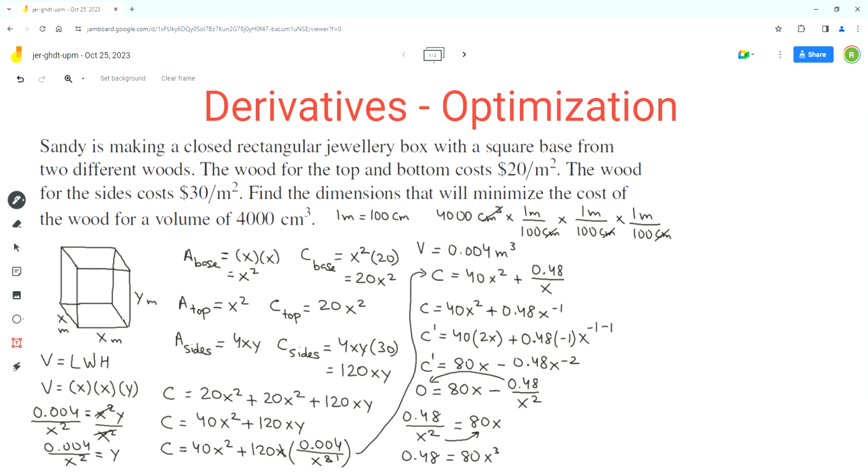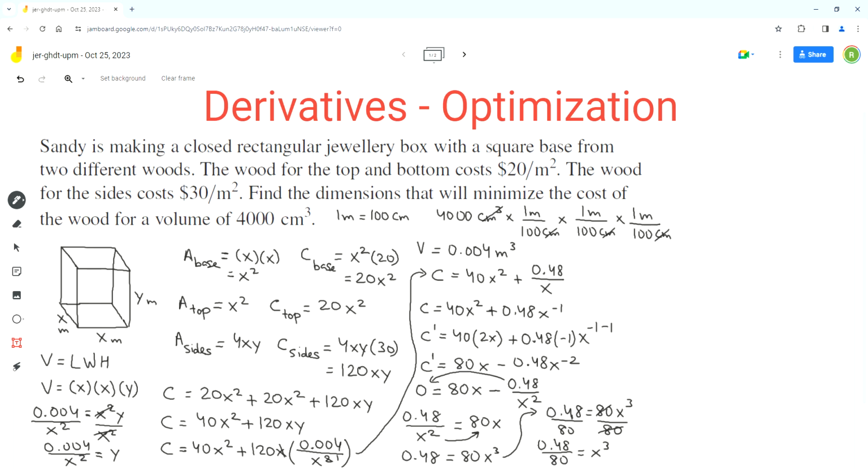Now we have to solve for x. So we have 0.48 equals 80x cubed, and now we have to divide both sides by 80. So the 80s on the right side will cancel each other out and we get 0.48 over 80 equals x cubed.